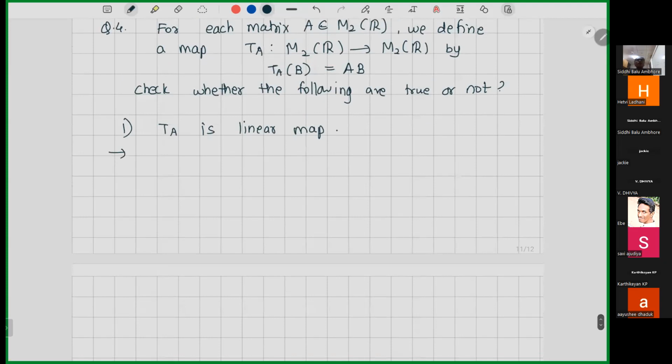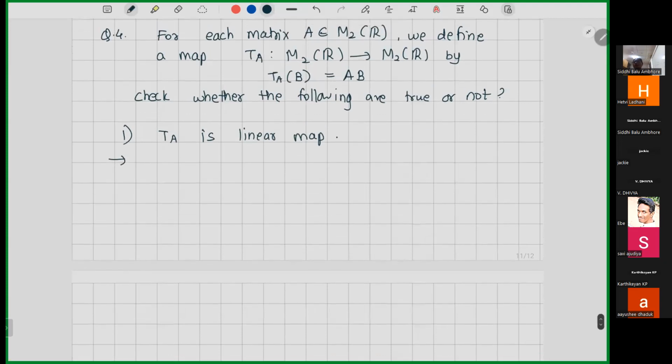So what is your guess? Any guesses? Yes. So I think AB or E said that TA is a linear transformation.